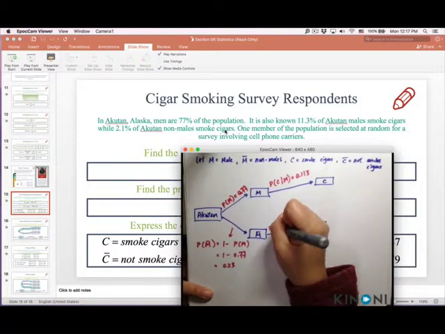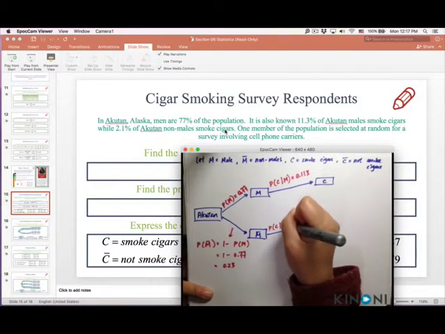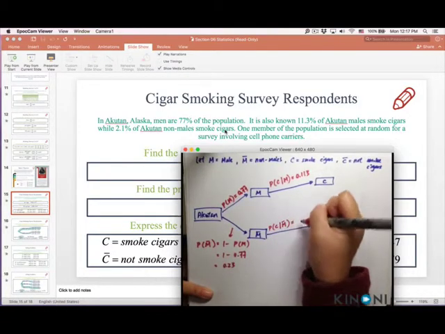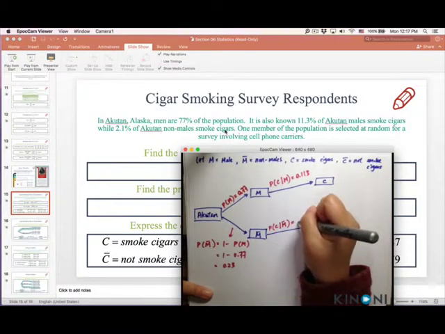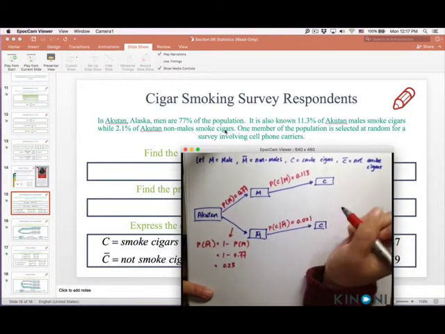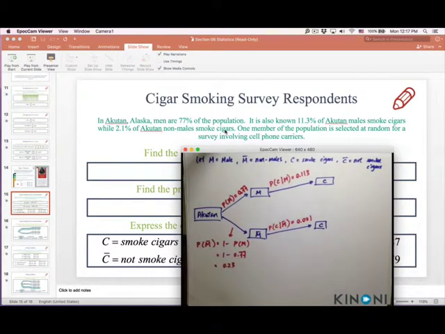Probability that they smoke, given that they are non-males, would be equal to 2.1%. So that will be 0.021 here. Now we can figure out all the other conditional probabilities.